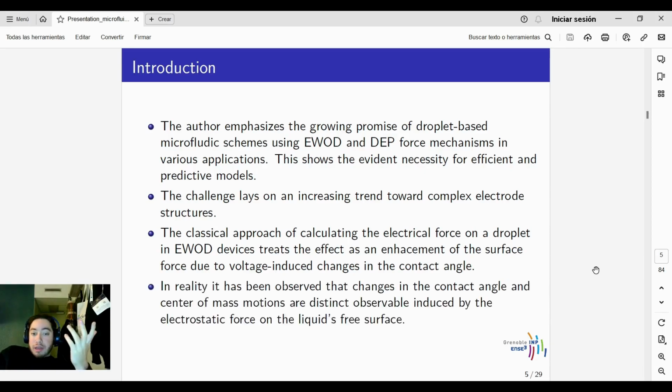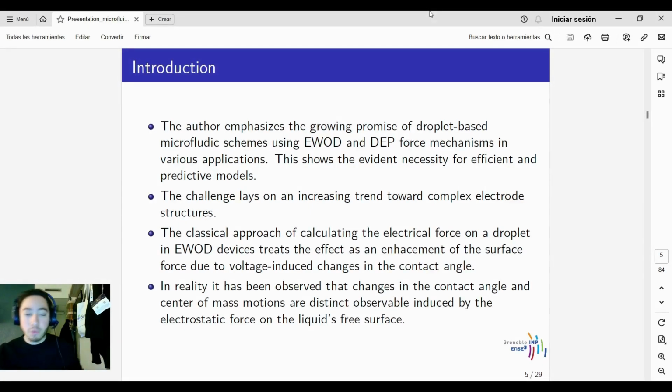This might not be true in reality, because it has been shown that the variation of the contact angle that we have seen in the course of microfluidics, and also the movement of the center of mass of the drop, are distinctly observable. It might depend on the electrostatic force on the liquid's free surface.